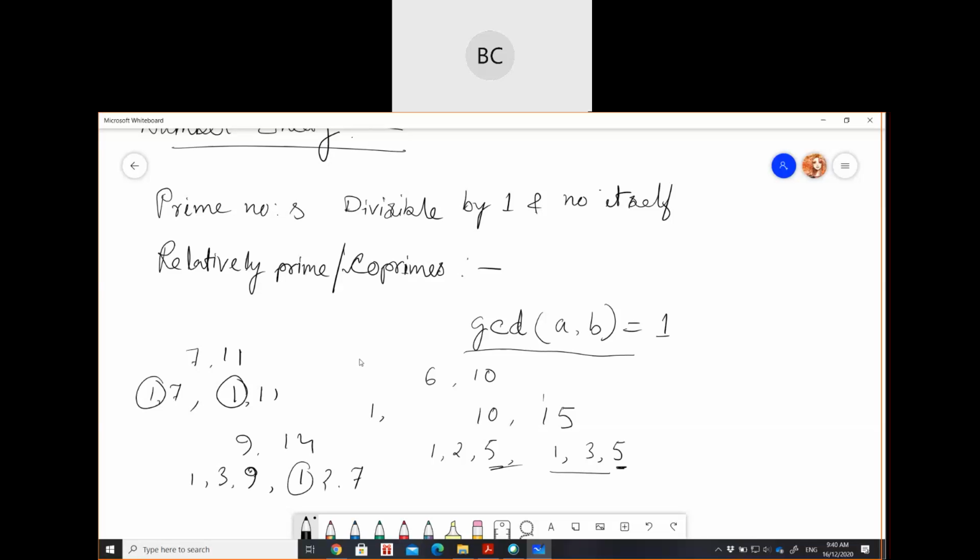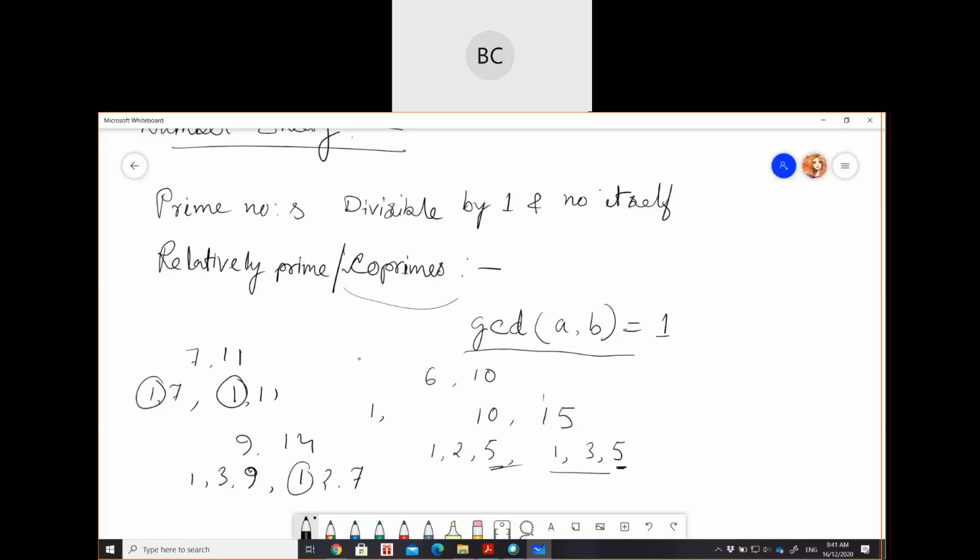Yeah, 9 and 14 is correct. Just remember the highest common factor should be just 1. If two numbers satisfy this condition, then only they are relatively prime or co-primes.